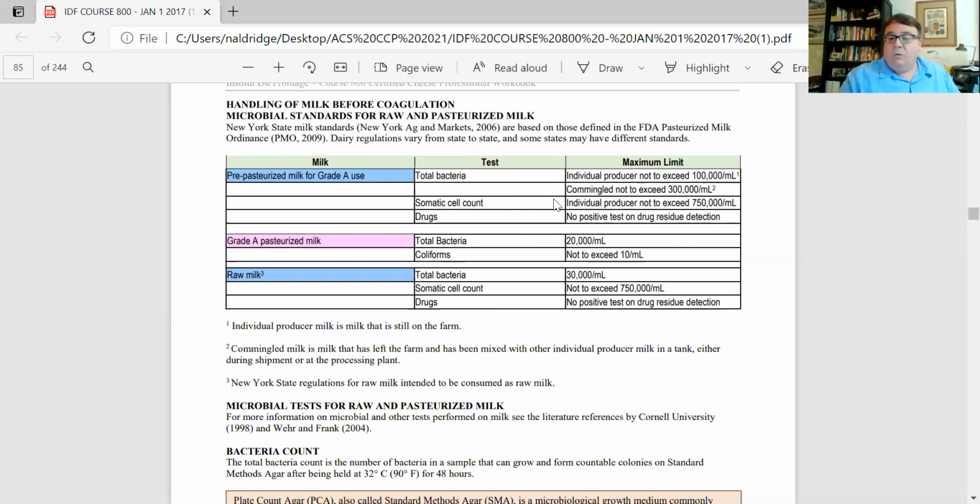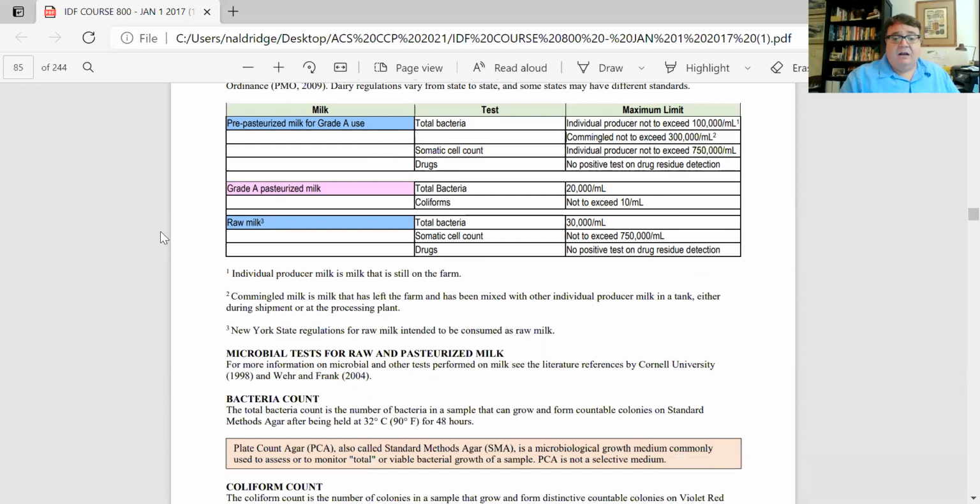But you need to know individual producer does not exceed 100,000 per milliliter total bacteria. Know all these. This somatic cell count does not exceed 750,000. Know that. Somatic cell count.